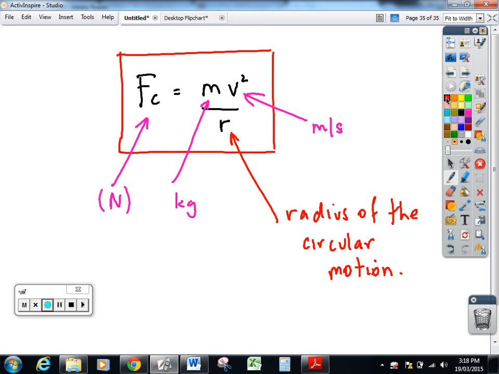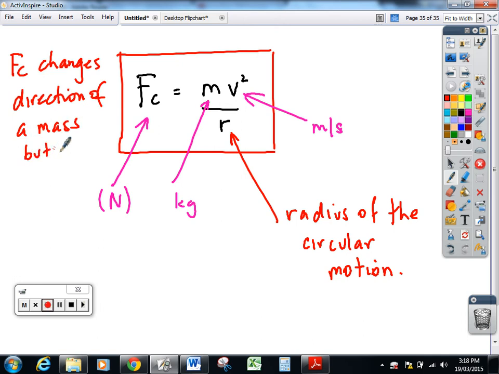Just write that down: Fc changes the direction of an object of mass, but not its speed. And remember that speed is called the tangential velocity.